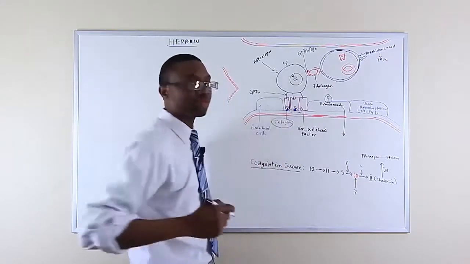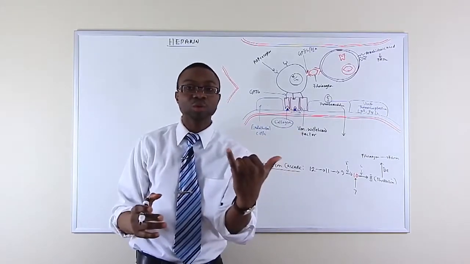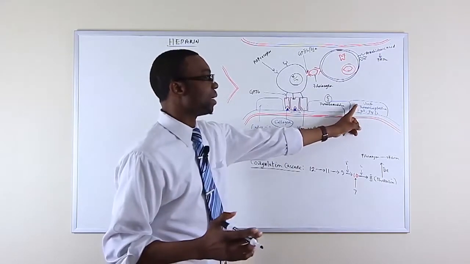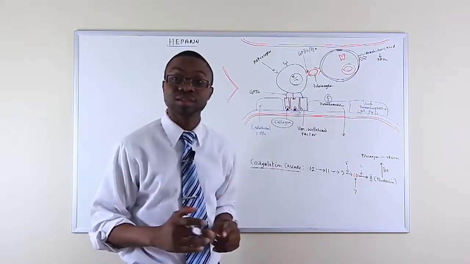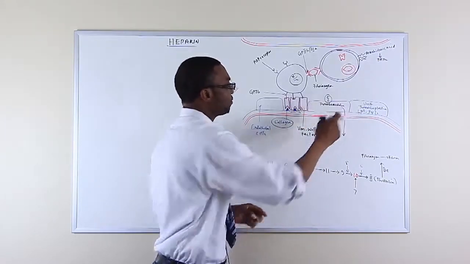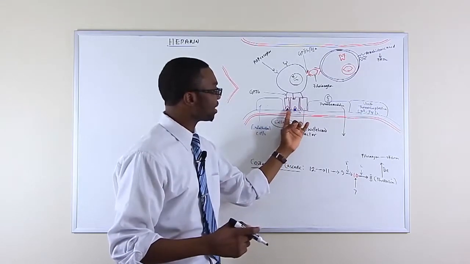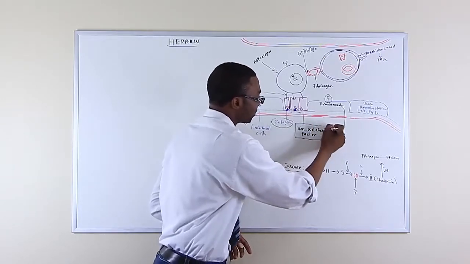Now, as soon as this collagen is exposed, von Willebrand factor is secreted by the endothelial cell. That's one of the things the endothelial cell secretes. Once von Willebrand factor is secreted, it's going to stack up right there and bind to collagen.